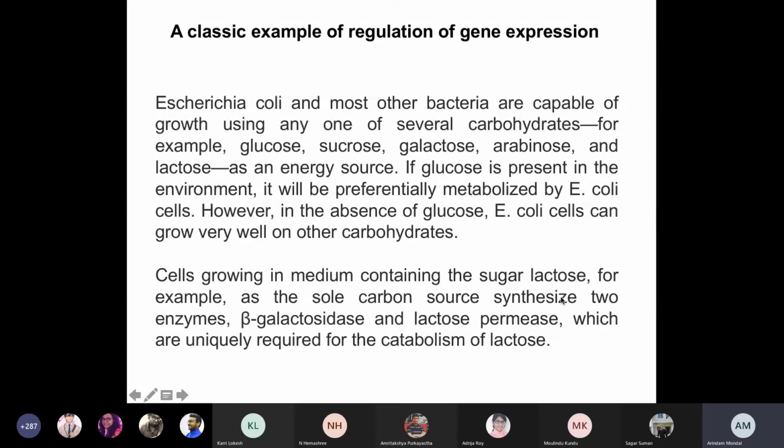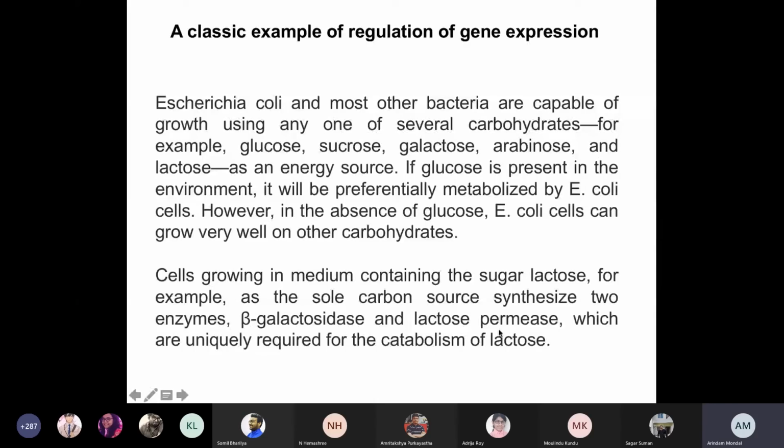Now, usually, if you give them sugar, they would like to utilize sugar because glucose is the easy source of energy. But if they cannot find sugar but find milk, the lactose, then they are bound to utilize lactose as a source of energy. Okay, and in order to metabolize lactose, they need two specific enzymes: beta-galactosidase and lactose permease.